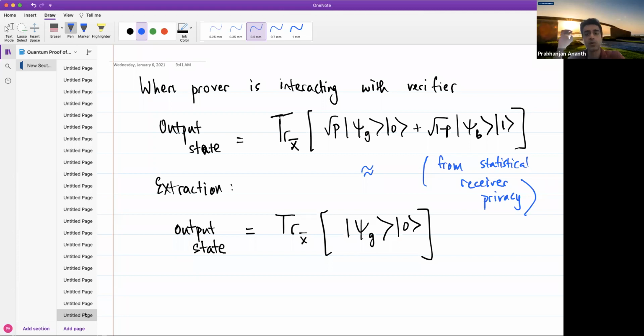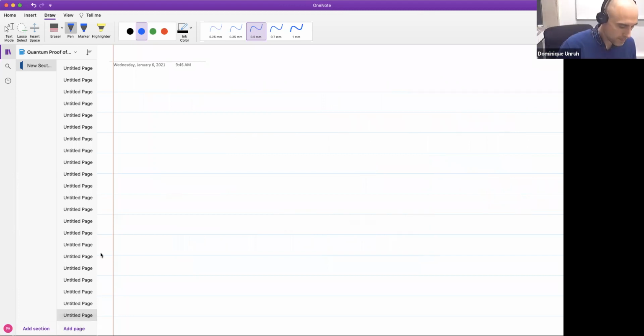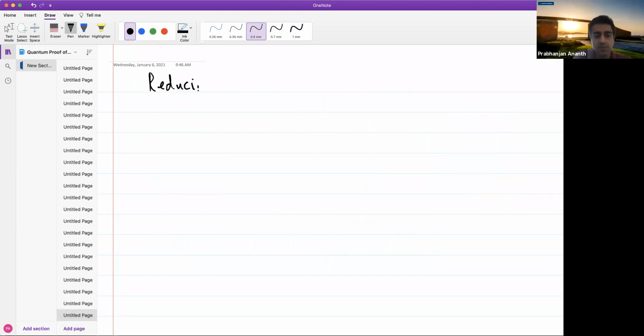So to make sure that the verifier's success probability is small, we are going to secret share this bit, W1.